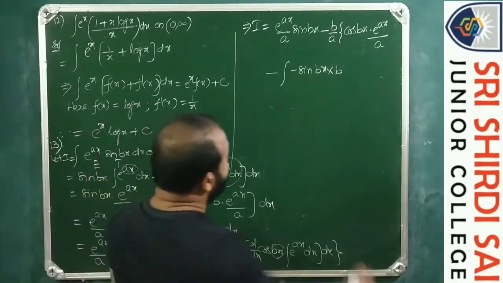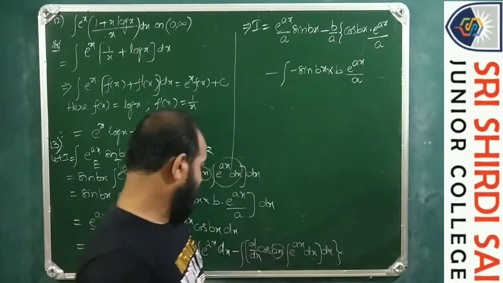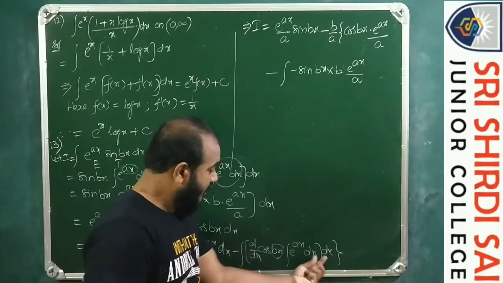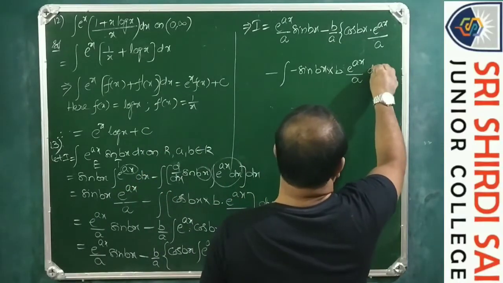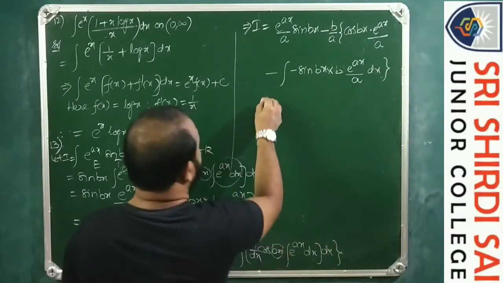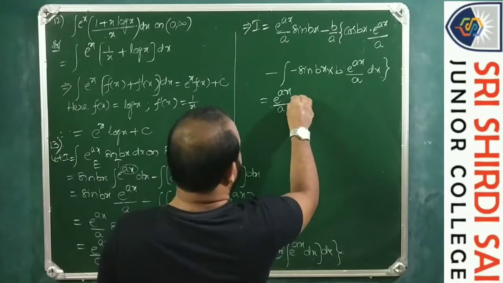Integral e power x dx is e power ax by a into dx. So bracket closed.